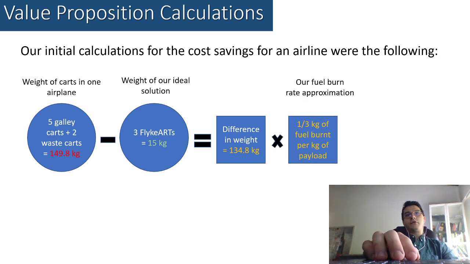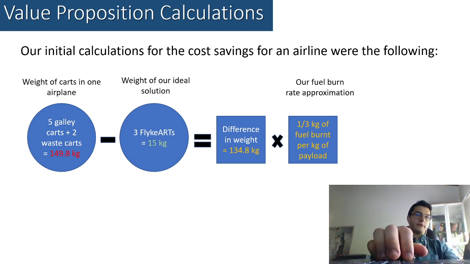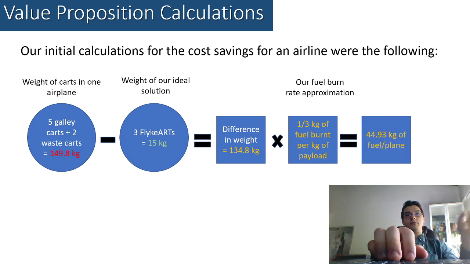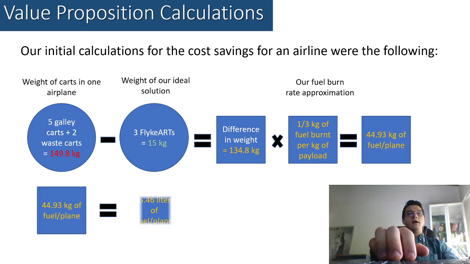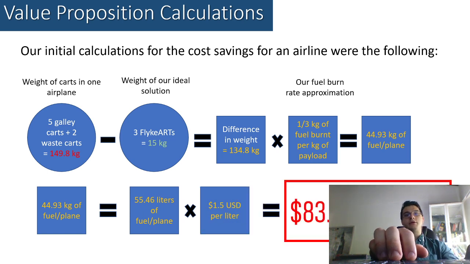Now, if we take that difference in weight and we use a fuel burn rate approximation, so this means how much fuel airplanes burn per flight, which we got from online sources, then we knew that we would save this much fuel per plane. Then we just took into account the cost of that fuel, which is $1.5 per liter, and then we knew that we could save $83 per flight.